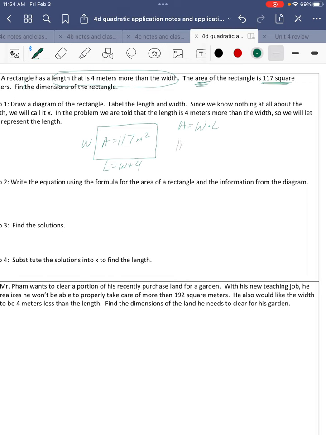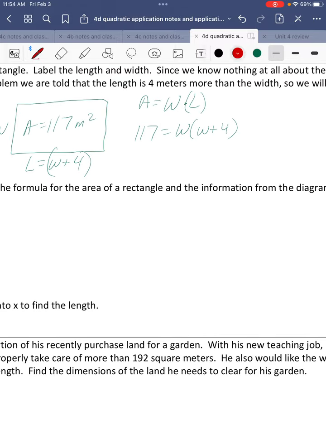Since we know area is 117, we're going to replace the A with 117. We know the w is w. And we're going to represent the length, not as L, but as w plus 4, because that's what length actually is. Now you can see we only have w's in the problem. When we multiply this out, w times w is w squared. There's our quadratic that is now born.